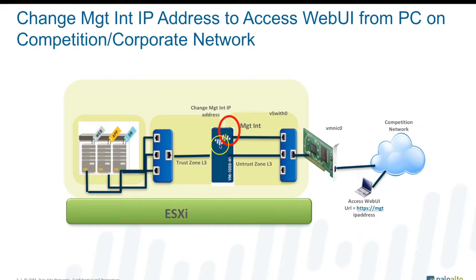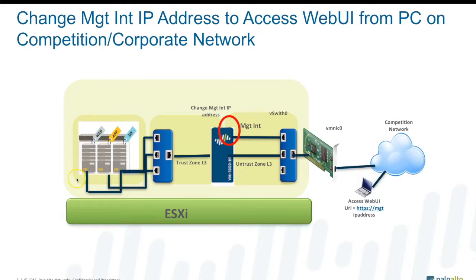It has to be connected in order to receive updates from Palo Alto for WildFire, virus signatures, and URL category updates. But we don't have to manage it through this interface. So we can turn off management on this interface and only manage it from our internal interface that's in our trusted zone via a client that's sitting on our ESXi host. That would be a little bit better security posture for us.